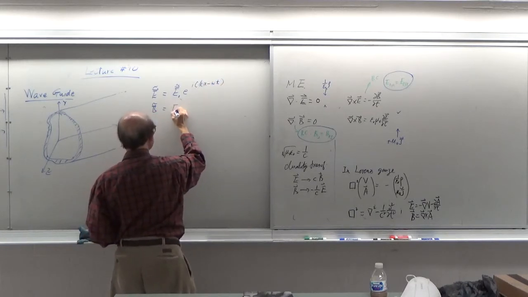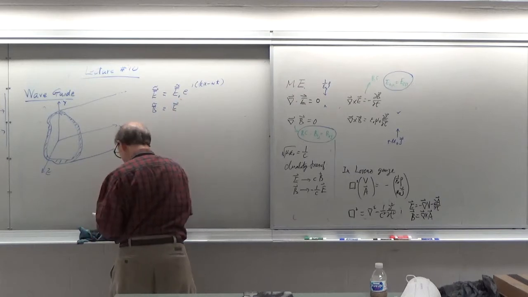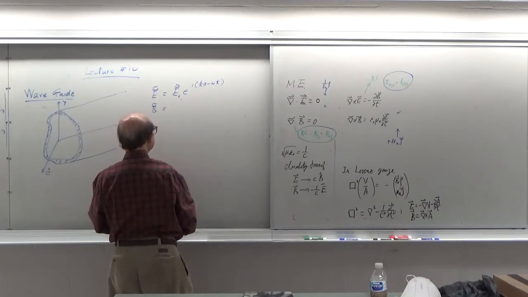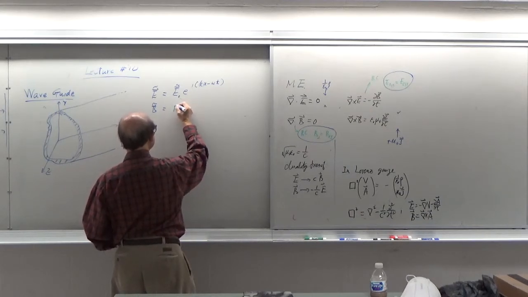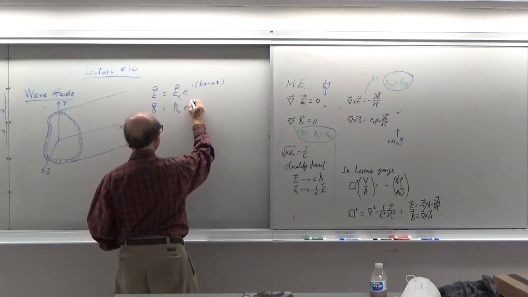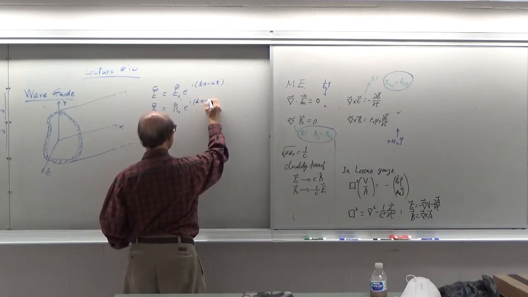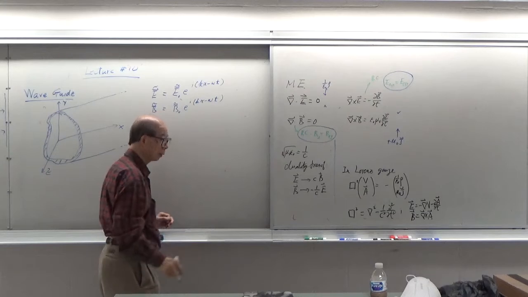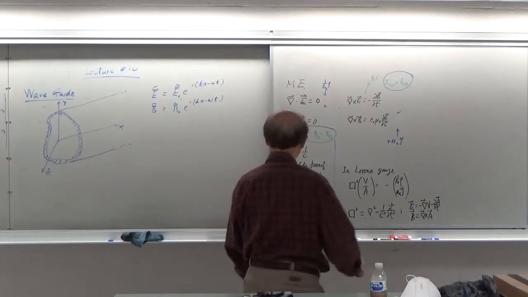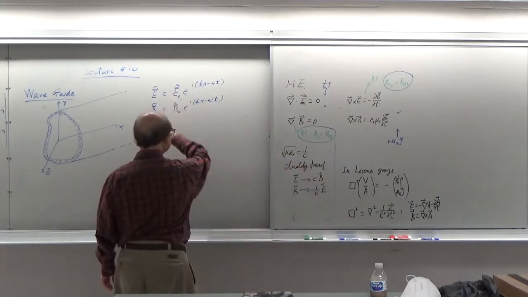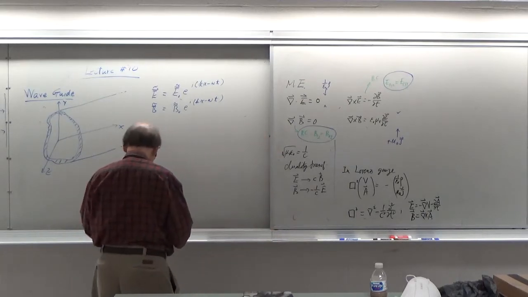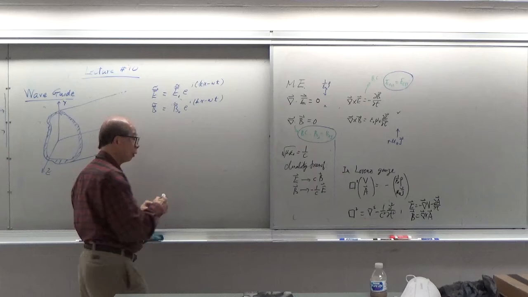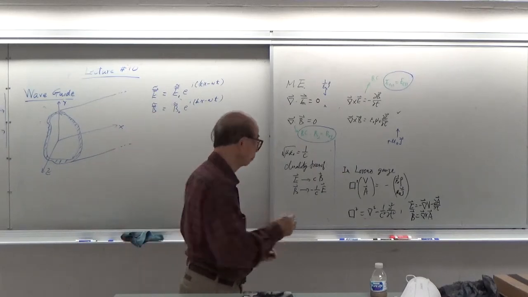And similarly, this B is given by the same exponential function with amplitude B naught times e to the i (k x minus omega t). Now, let's follow the notations used by Griffiths.